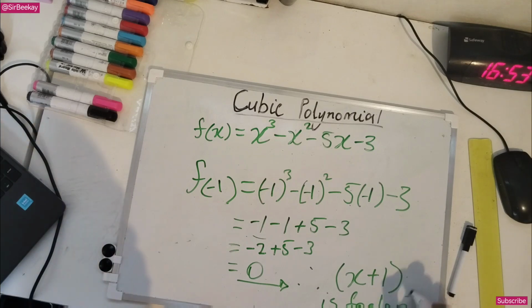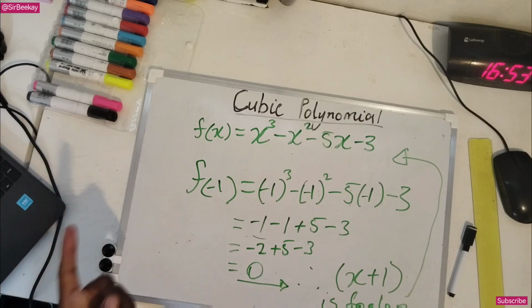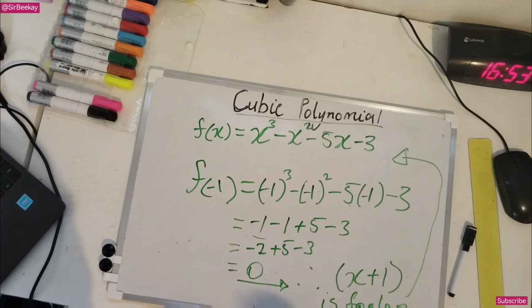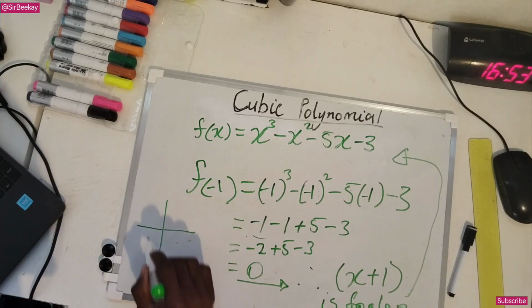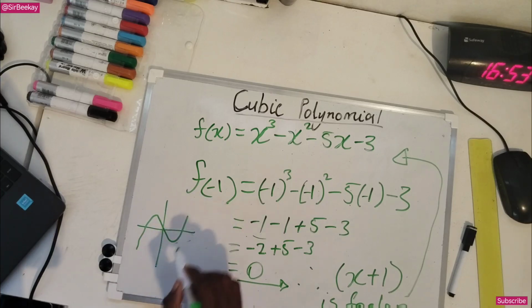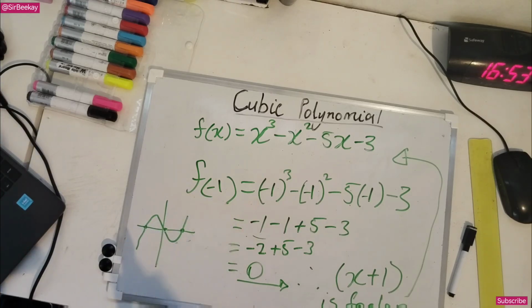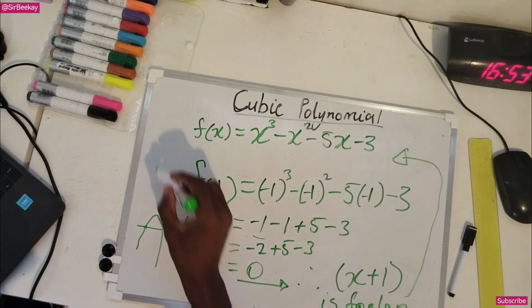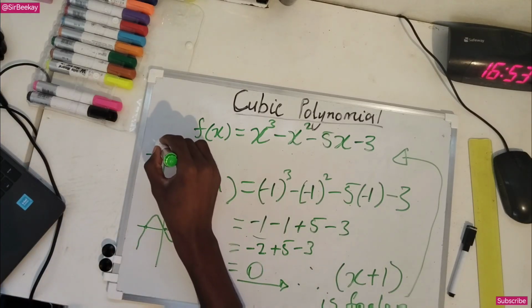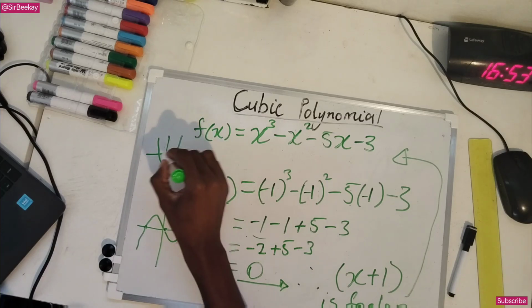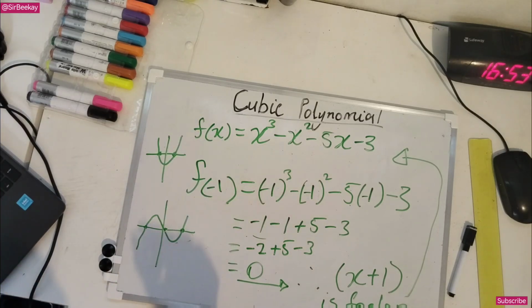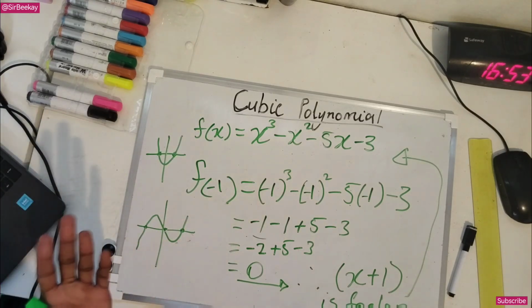Is a factor of my cubic function, meaning that it is one of the 3 roots that I was talking about. Remember, I said a cubic graph has 3 roots. A quadratic graph has 2 roots.